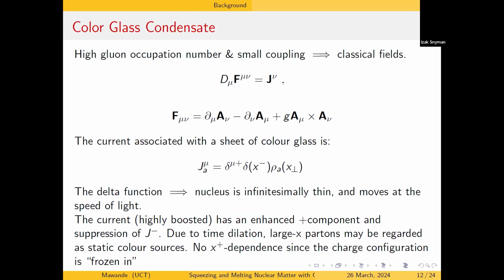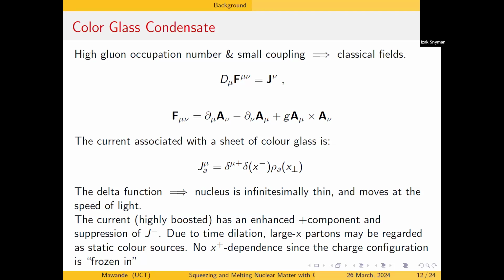This delta function tells you again that this would be highly enhanced in the plus direction, as we expect for all highly boosted vectors. And there's a delta of x minus, which causes your time coordinate to be equal to your z space coordinate. It just tells you that this object is moving at the speed of light, essentially, and it's also infinitesimal in thickness.